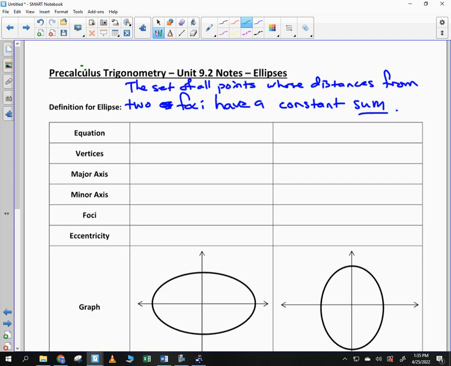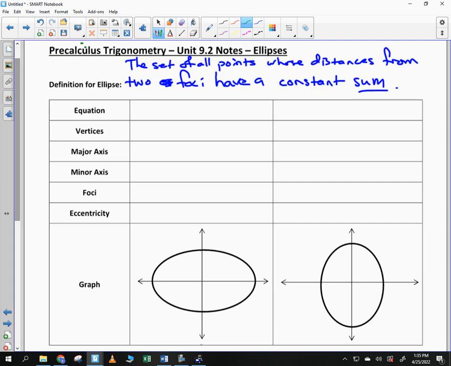The form of the equation is this. (x minus h) squared over a squared plus (y minus k) squared over b squared is equal to 1. Ellipses may look more challenging than parabolas. They are actually easier.